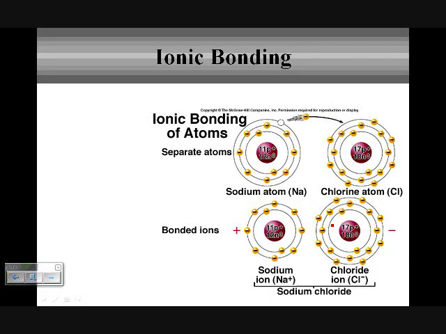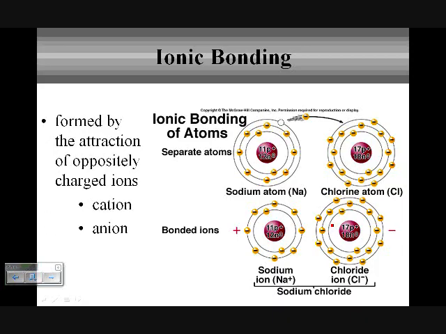One of our types of bonding that we're going to cover is ionic bonding. In ionic bonding, what we're really looking at is that opposites are going to attract. So we're going to have positives and negatives, the cation being our positive, the anion being our negative, and ionic bonding means it's going to be bonding between ions, between charged atoms.